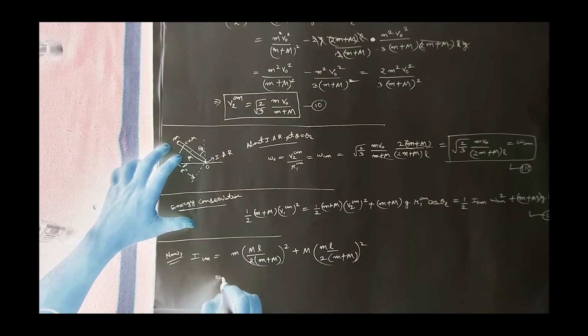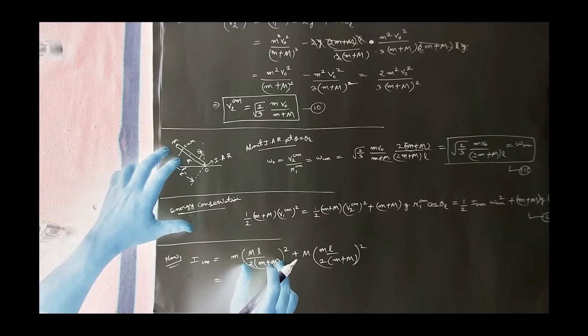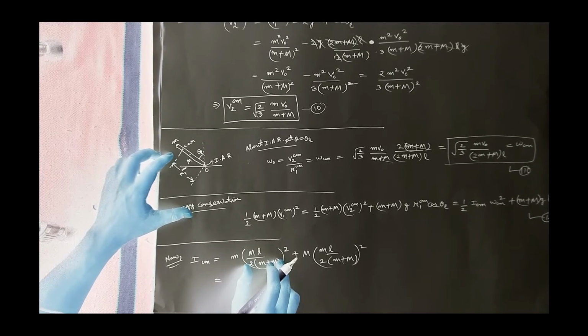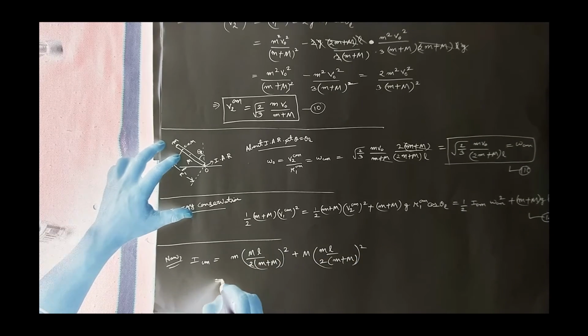You can take out the distance of the small m from the center of mass using the center of mass formula. That is easy, you can do it.